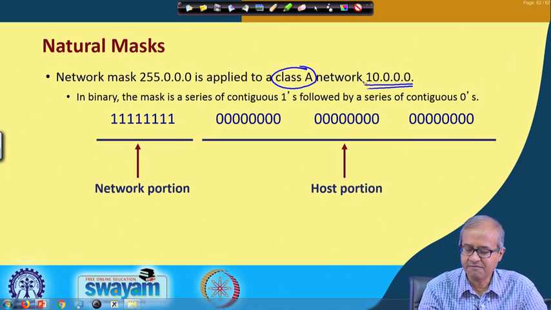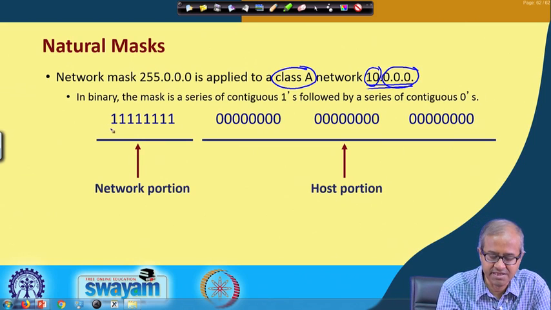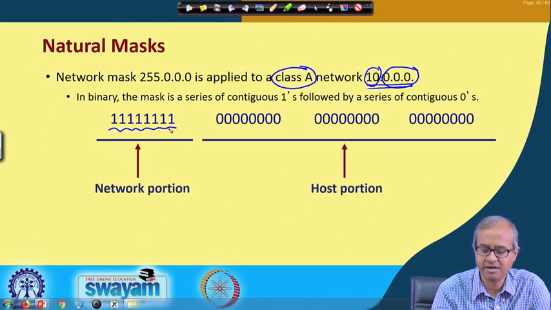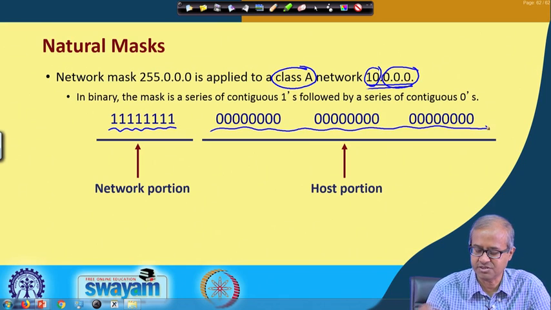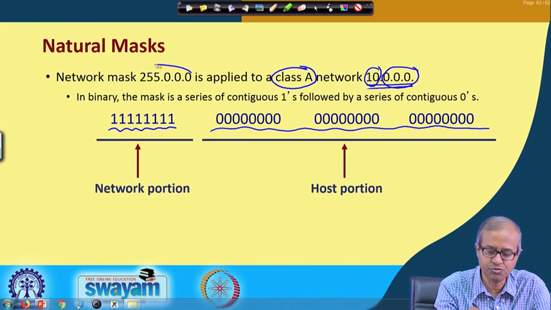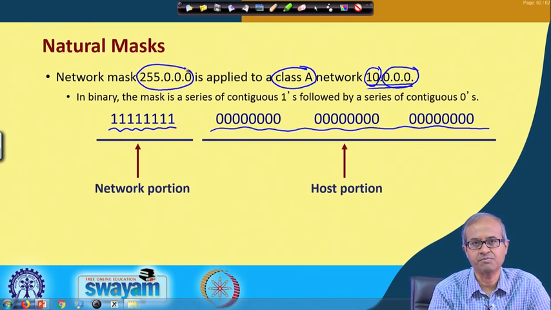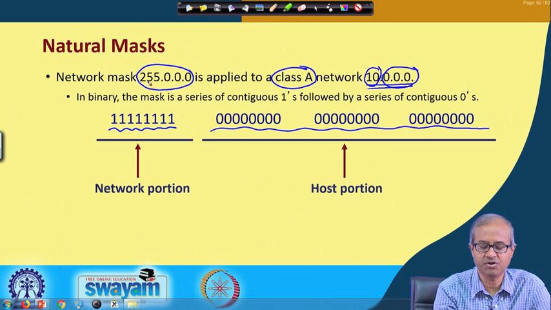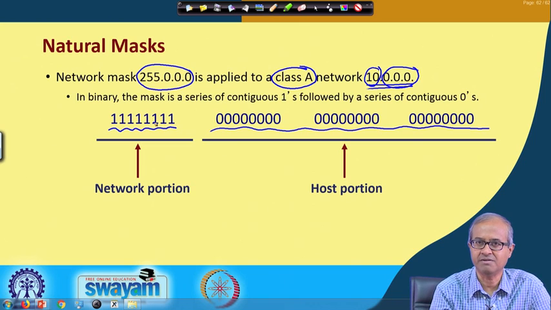So, when I say first 8 bit is network, last 24 bits is host, I write the mask like this: first 8 bits are 1, remaining 24 bits are 0. So, when I write this mask again in dotted decimal notation, it becomes 255.0.0.0. So, class A network will be having a natural mask of 255.0.0.0 because the first 8 bits represent network. So, first 8 bits are 1. Okay.